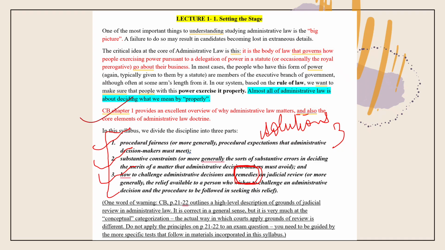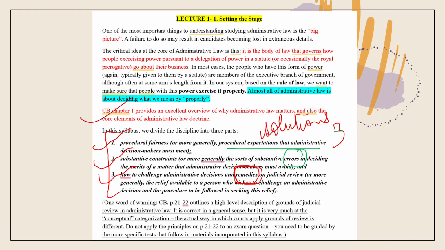So coming back to our syllabus, procedural fairness. More generally, procedural expectations that administrative decision makers must meet. Then substantive constraints means the sort of errors done by the authorities, decision makers while deciding the merits of a matter, which decision makers must avoid, any kind of biases, discriminations. Then how do we challenge these decisions and what are the remedies we have, what is the procedure to be followed in seeking that relief.